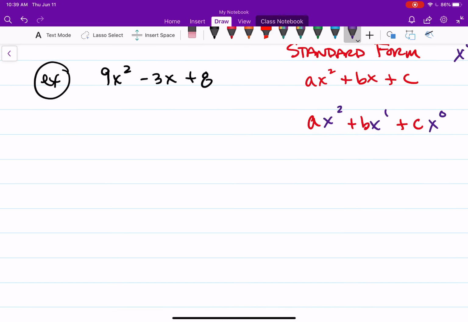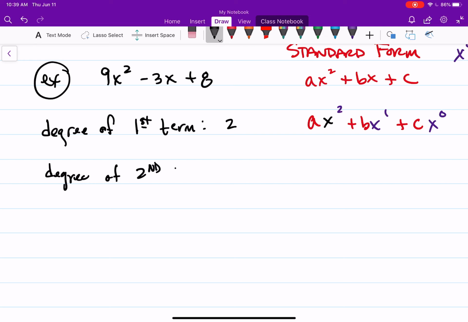So in this case, if they ask you what is the degree of the first term, you will say 2. If it asks you the degree of the second term, you would say 1. And the degree of the third term, it would be 0.